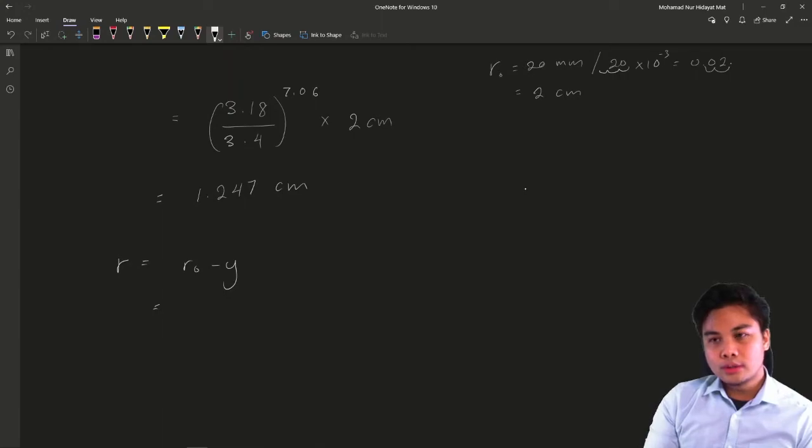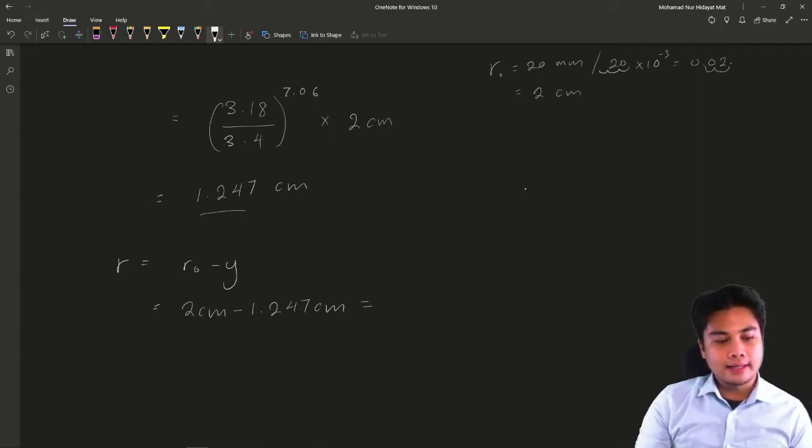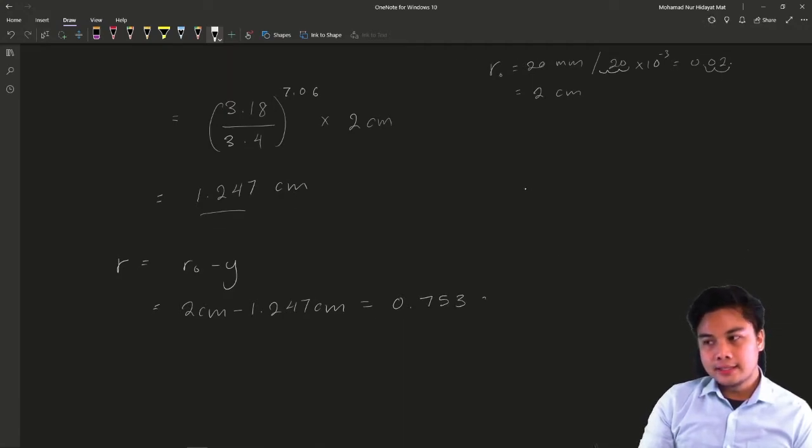So 20 millimeter converted to centimeter is 2 centimeter. So 2 centimeter minus y, which is 1.247 centimeter, we will get the final answer for the radial position, 0.753 centimeter.